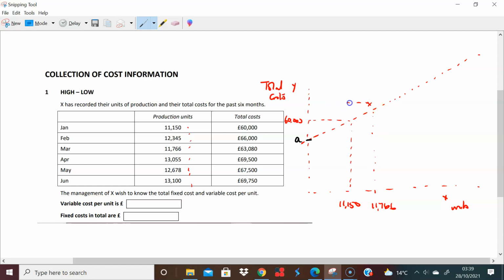I'm just giving you the reality of what's going on, and then you would have here 63,080. I'm just going to clean this, give me space. Right, just write it here again. Total costs on the y-axis, and then the next one. But I could keep going.